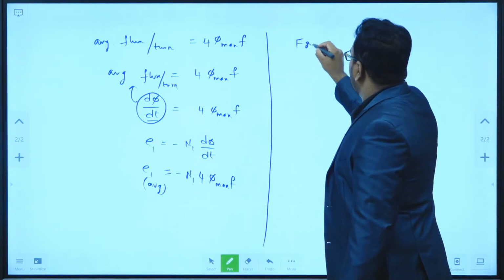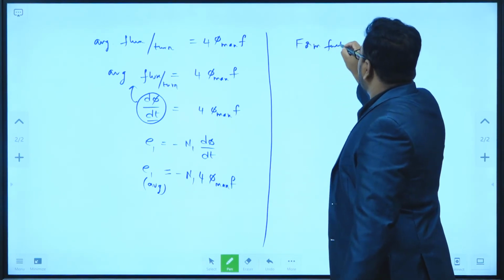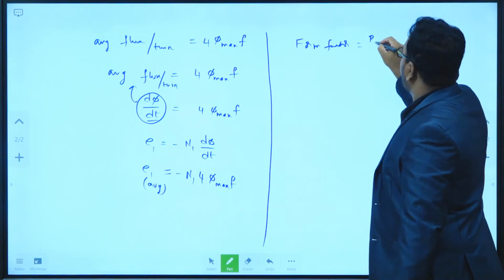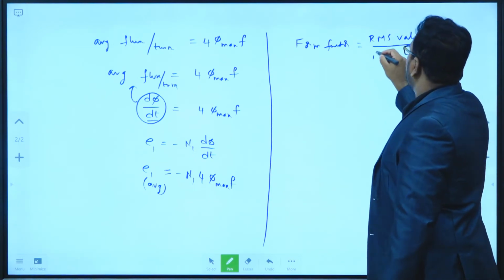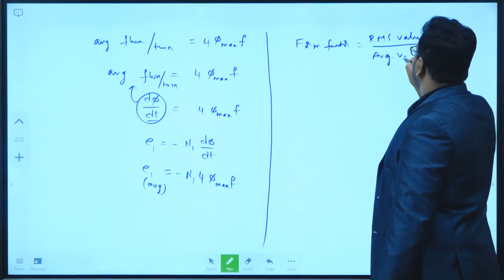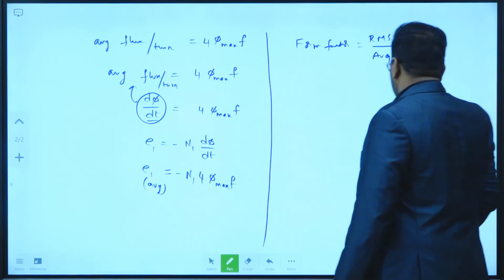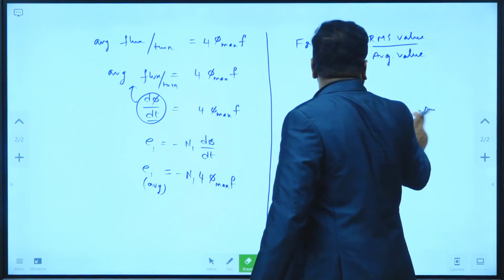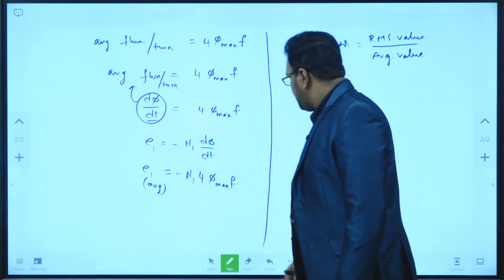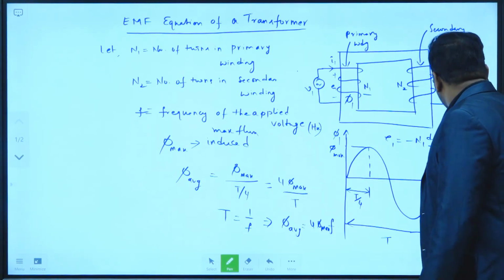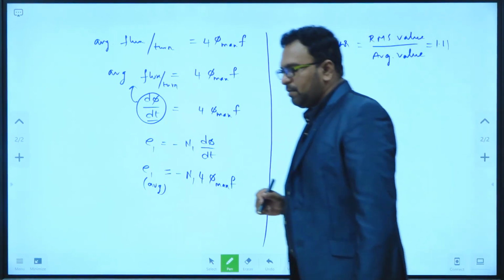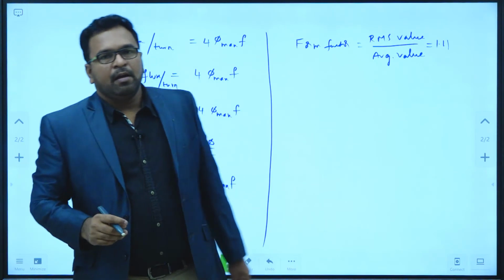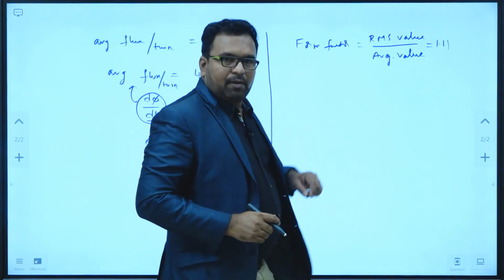We know that form factor is equal to RMS value by average value. In case of a sinusoidal waveform, the form factor is 1.11. We already derived that the form factor of a sinusoidal waveform is 1.11.